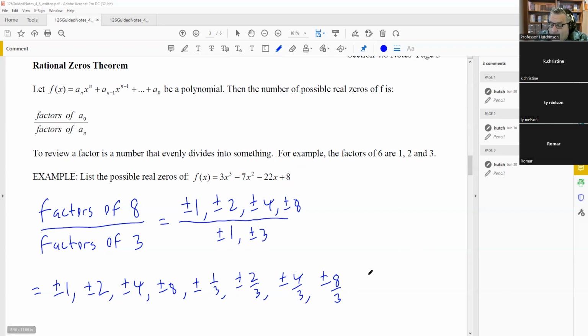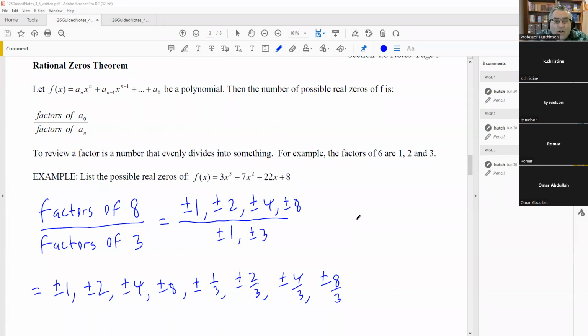So we just have a big list of all the potential places where it could cross, if it crosses at either a fraction or a whole number. Now, if it crosses at a square root, this list is not going to tell you that. This just gives you the rational zeros. So the question that comes up here is, how do we know where exactly this crosses? We'll take a look at that next.